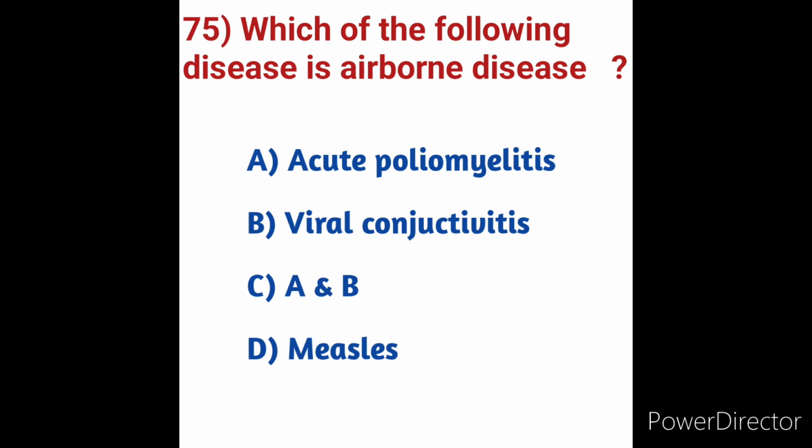So direct contact with objects that are contaminated with the infectious virus is the mode of transmission for viral conjunctivitis. So here, option C, A and B, is not correct, and option D is measles. Which of the following diseases is an airborne disease? Measles, option D, is the airborne disease here. We'll see more regarding measles.